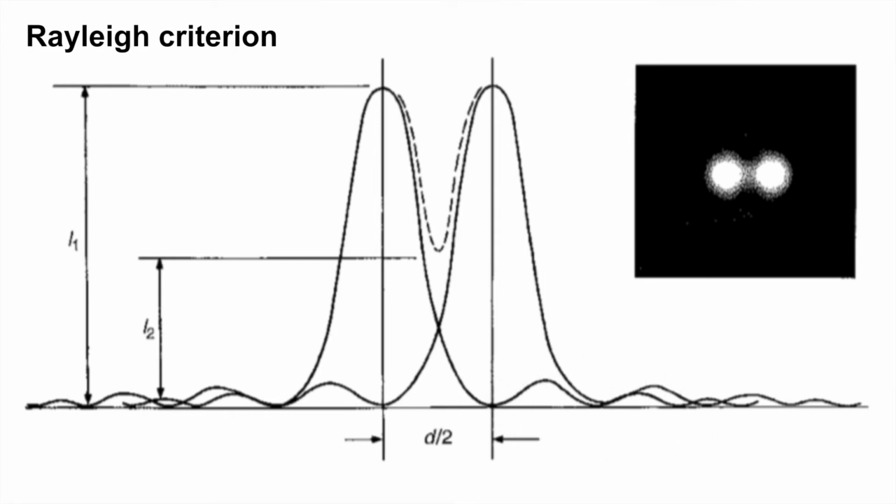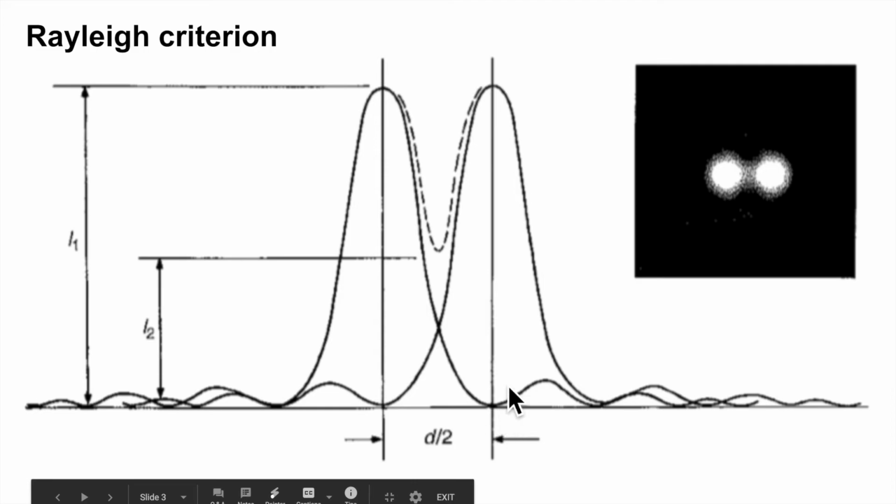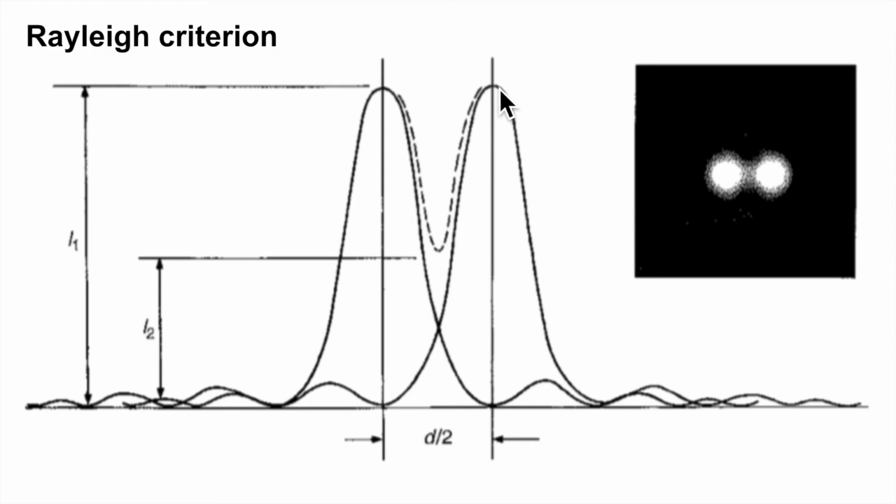So with the Rayleigh criterion, we're looking at overlap, and what happens is they are just overlapping. So you can see the airy disk, and the minimum of that airy disk overlaps with the maximum of the other spot.